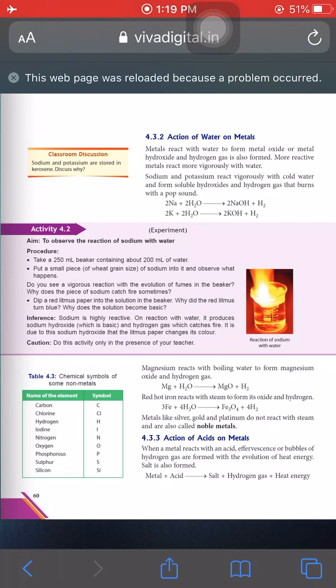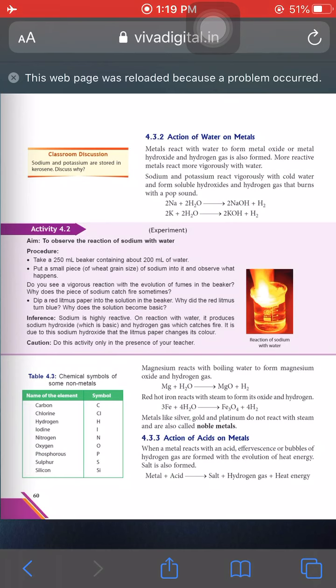Next, if we react sodium Na with water, then it forms sodium hydroxide and releases hydrogen gas. The symbol of hydroxide is OH, and of oxide only, it is O. Similarly, these reactions: Na with water, potassium with water, magnesium with water and iron with water.